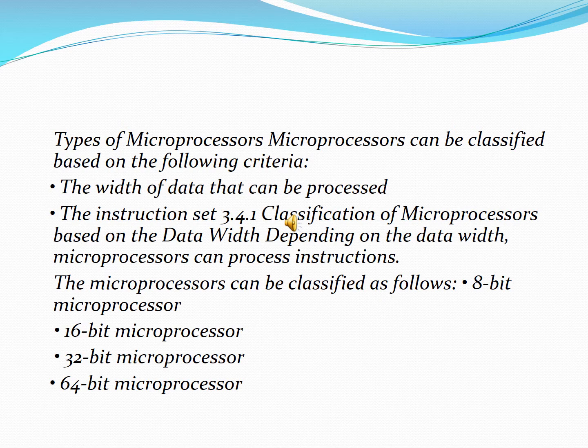Next, classification of microprocessor based on the instruction set. Initially, microprocessors had a very small instruction set, because complex hardware was expensive as well as difficult to build.